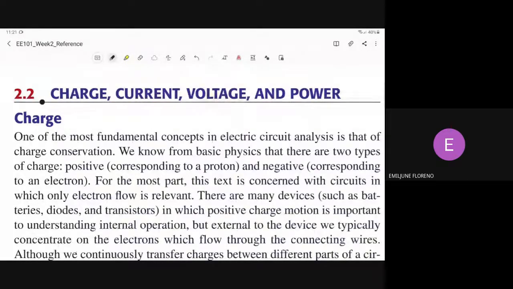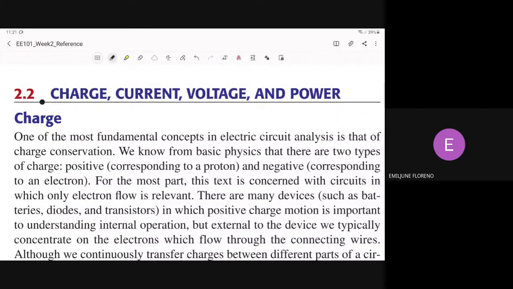So I want to hear from any one of you your point of view on that. If a person gets electrocuted, what would kill him? Is it the voltage or is it the current? Okay, so anyone? I need some volunteers to share your points of view.